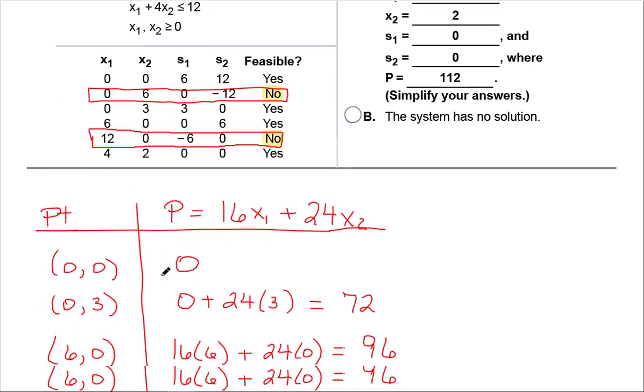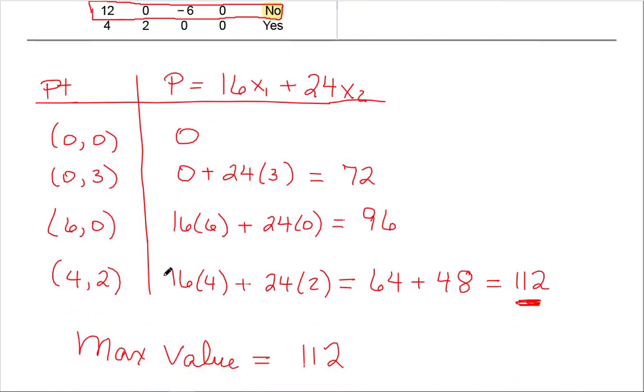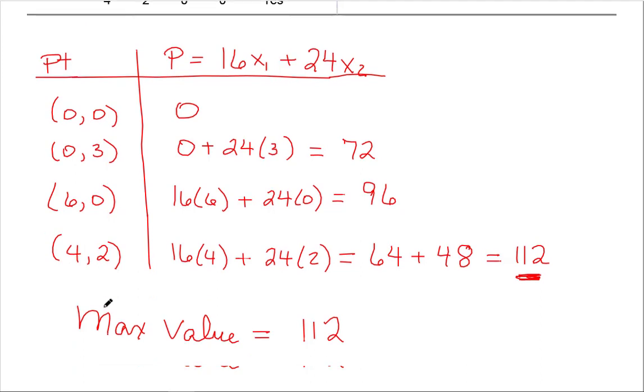So I simply take each of the points, plug them in, and see what P calculates to be. 0, 0 gives 0, 0, 3 gives 72, 6, 0 gives 96, and 4, 2 gives 112. That's clearly the biggest number, so that is the maximum value, and it's occurring at the corner point of 4, 2.